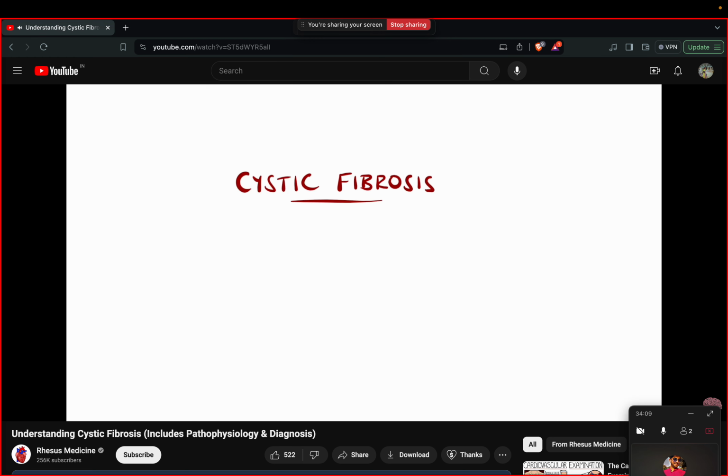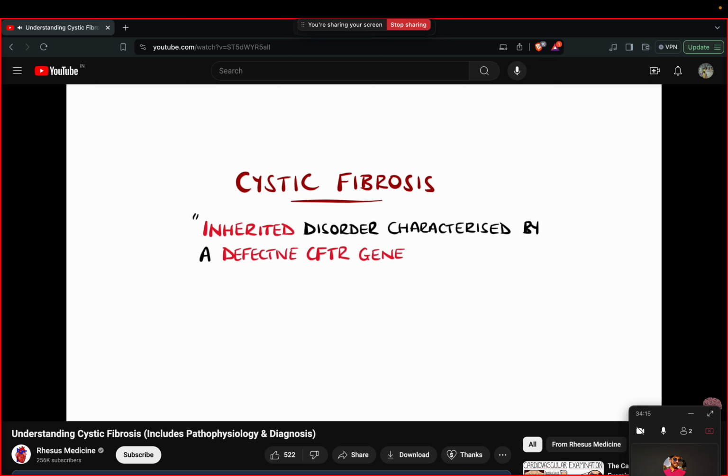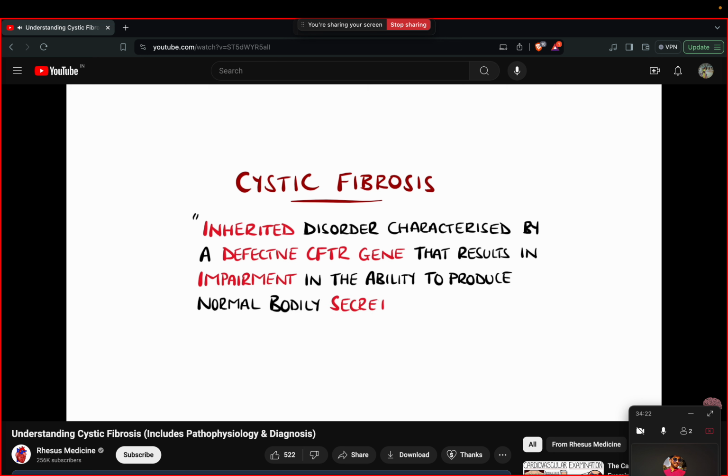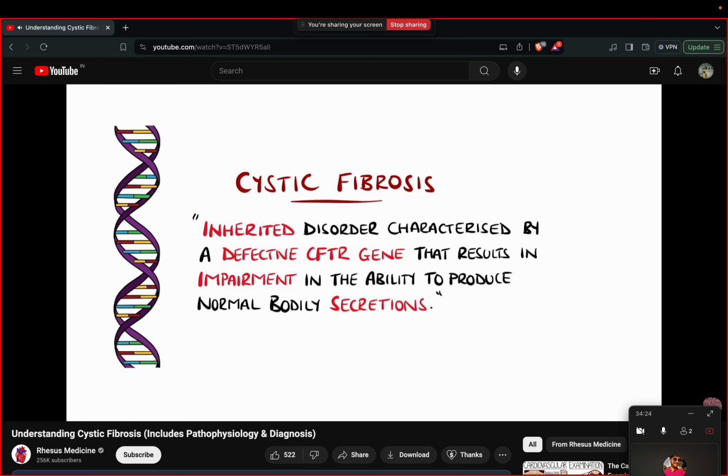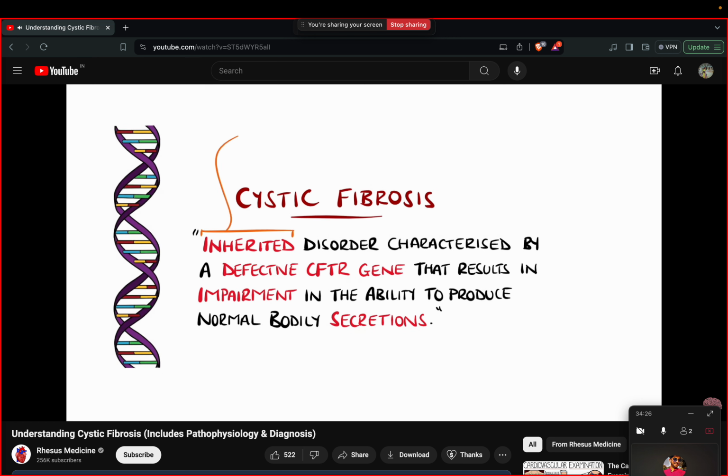Cystic fibrosis is an inherited disorder characterized by a defective CFTR gene, resulting in impairment of the body's ability to generate normal secretions like mucus and sweat. It's inherited in an autosomal recessive pattern, meaning both parents need to carry a faulty gene for the child to be affected.